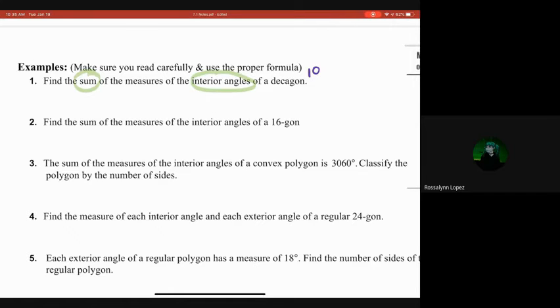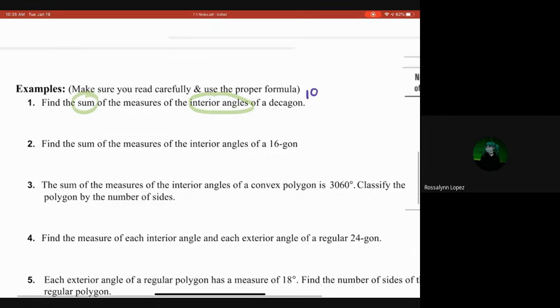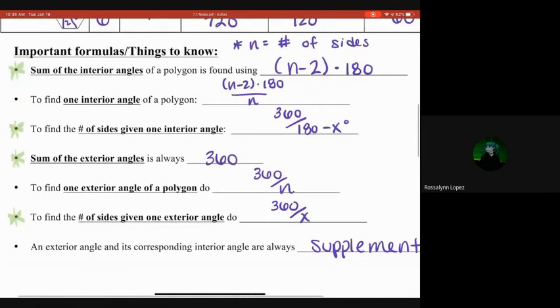It's the first one on the list. Here, let's scroll back up. Does one of these say the sum of the interior angles? Thank you, Austin. Yeah, n minus 2 times 180, the sum of the interior angles.